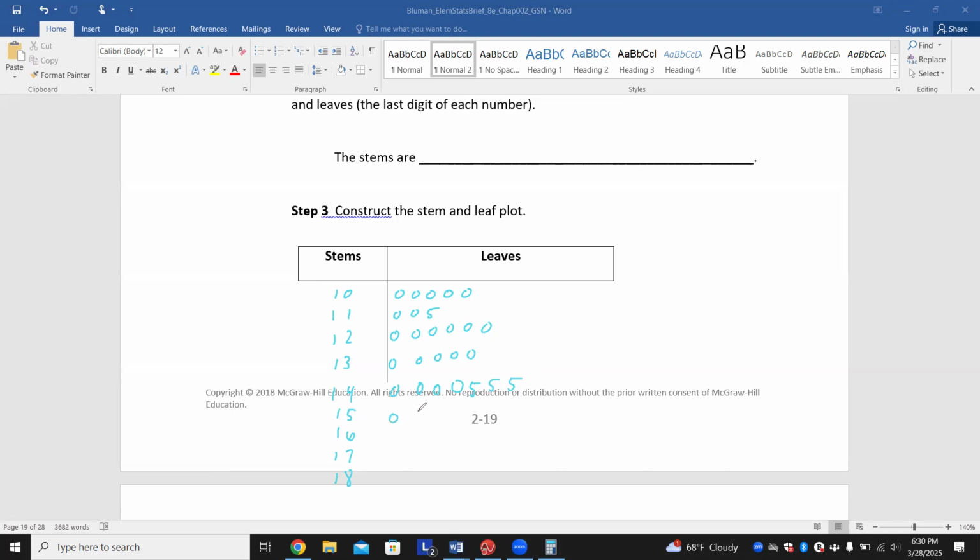So there's 2 zeros there. I had 1, 2, 3, 4, 5 160s. So 1, 2, 3, 4, 5. 17, I had 1. 18, I had 2. So there's my stem and leaf. So then using that data, let's answer this question here.